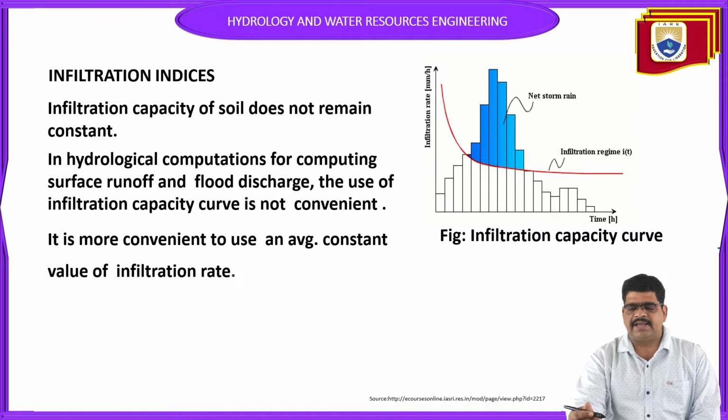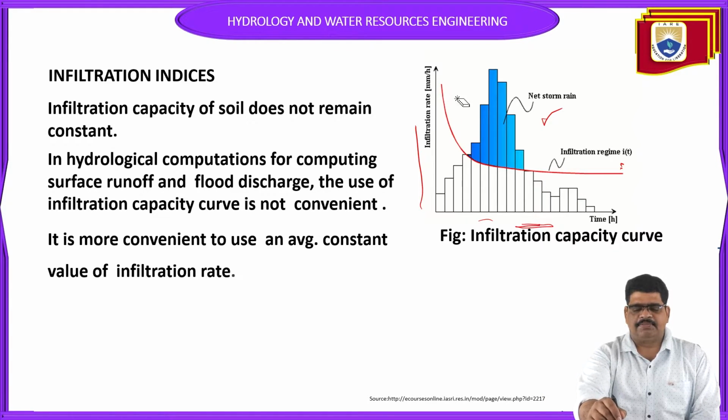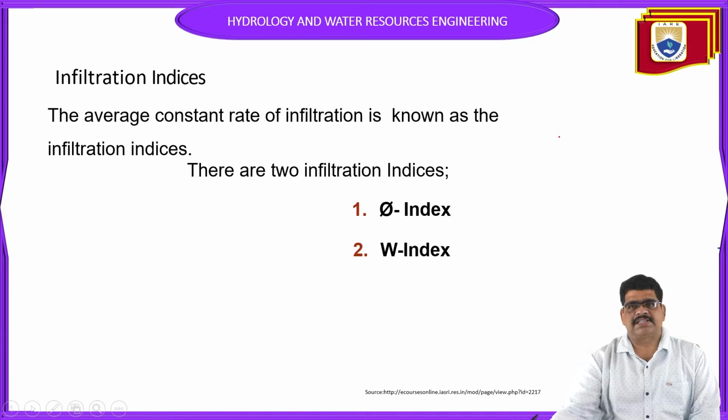From this diagram, you have to observe clearly that the infiltration capacity can be observed using the time duration on the x-axis and the infiltration rate on the y-axis. From this, the net storm rain can be calculated, and the infiltration regime, how it reduces with the duration of time, from peak to decreasing, can be known from this diagram. Next we have the W index and Phi index.